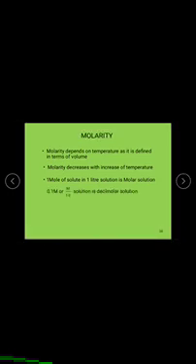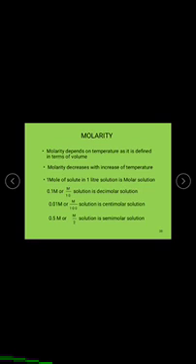A 0.1 M solution is considered a decimolar solution. A 0.01 M solution is a centimolar solution. A 0.5 M solution is called a semimolar solution.